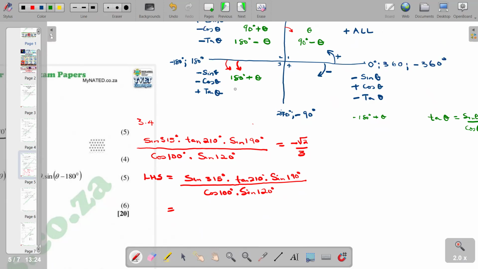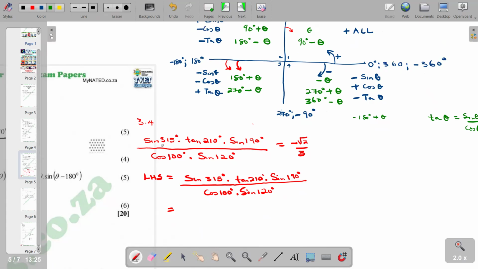Then here, reading from the other side, it's 270 degrees minus theta. Then in the fourth quadrant, 270 degrees plus theta, then 360 degrees minus theta. These are the types of angles that we expect in each quadrant.